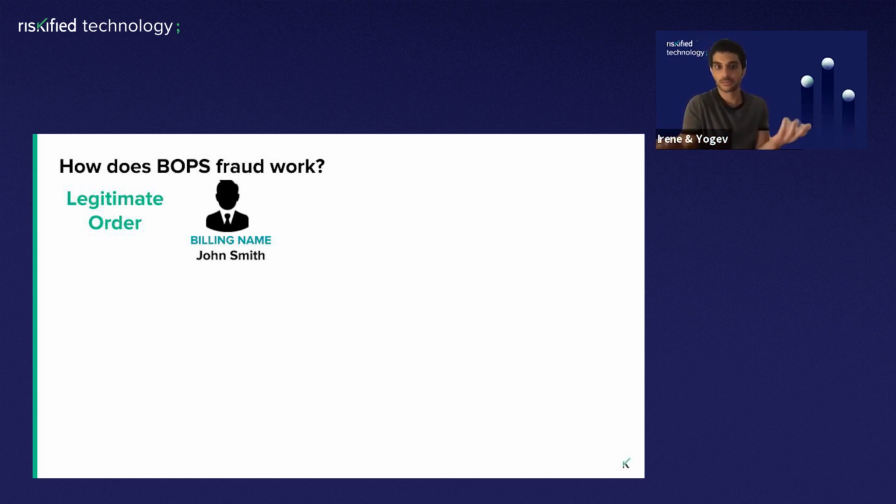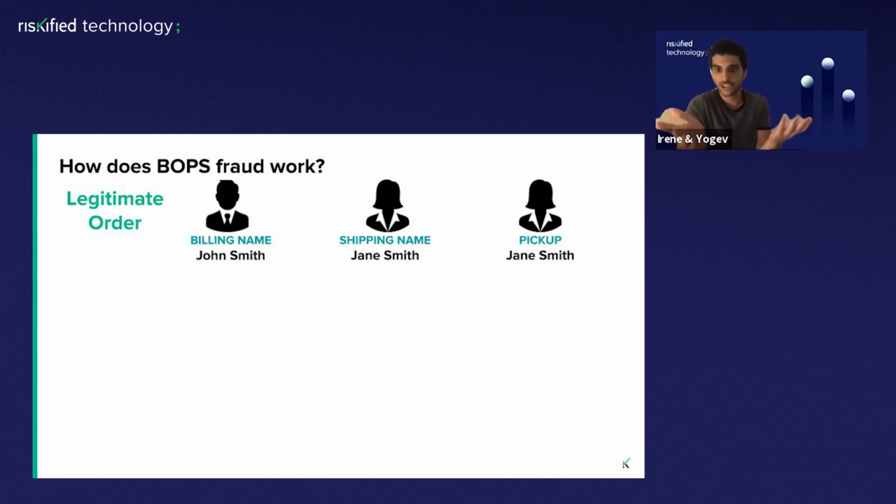But he wouldn't be downtown, so he wants to ask his partner to pick up the shoes for him. So in the shipping name, whoever picks up the product, he writes the name of his partner, Jane Smith, and she will go downtown and pick up the shoes for him.